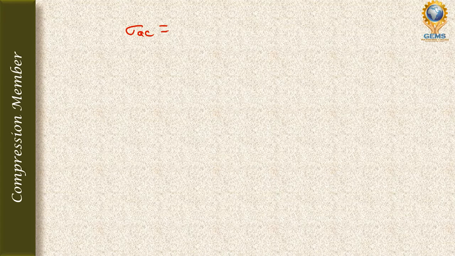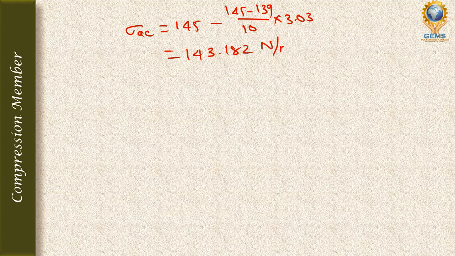The sigma AC value is 145 minus 145 by 139 by 10 into 3.03. So it comes to 143.182 Newton per mm square. So this is the sigma AC.